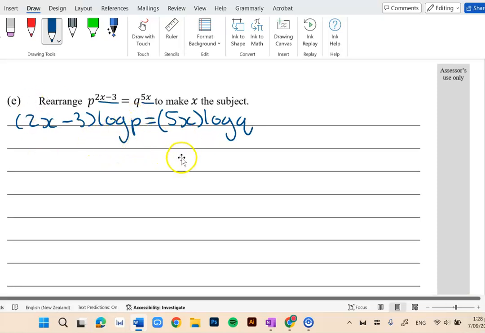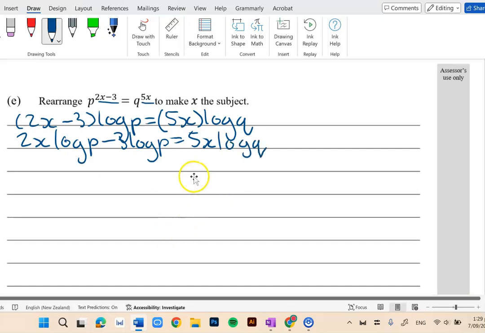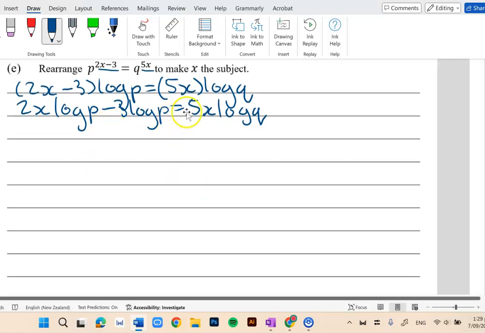Now we can simplify that to 2x log p minus 3 log p equals 5x log q. Okay, now I want to get the x's all on one side, so we're just going to take this and move it to the other side.